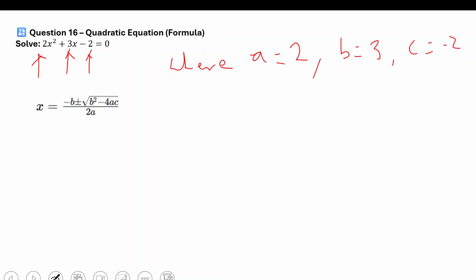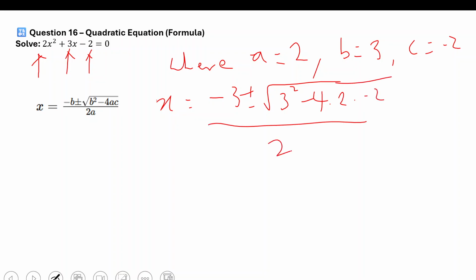So I'm going to put everything in this expression. I'm going to be having x is equal to minus b, b is 3, right? Then plus or minus the square root of 3 squared minus 4 times a, which is 2, times c, which is minus 2, all over 2 times a, which is 2, right?